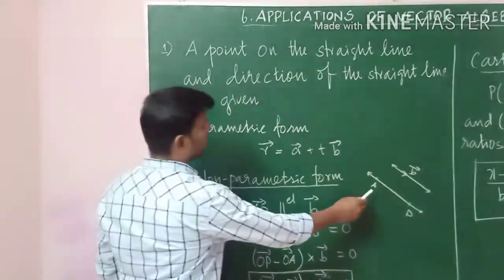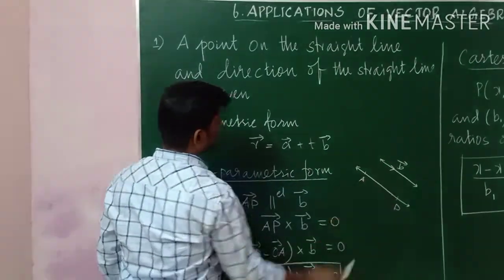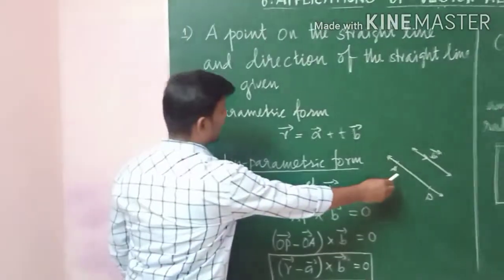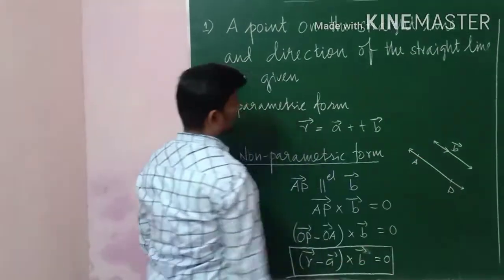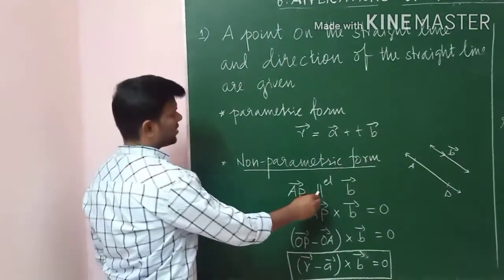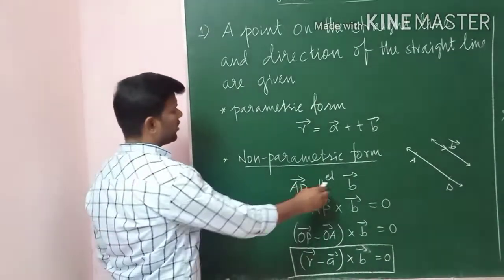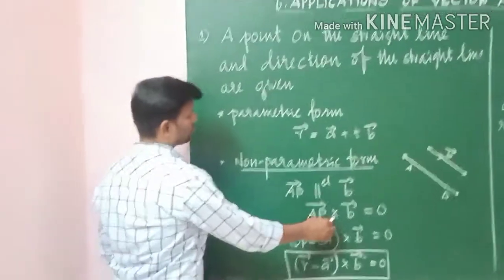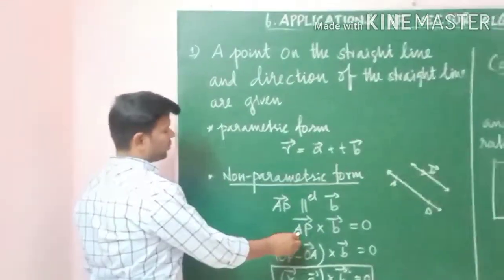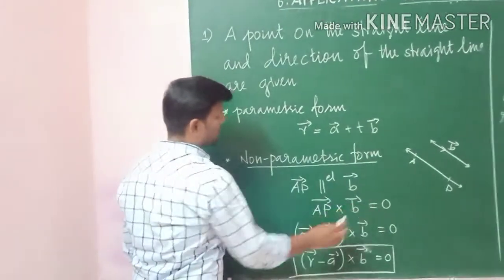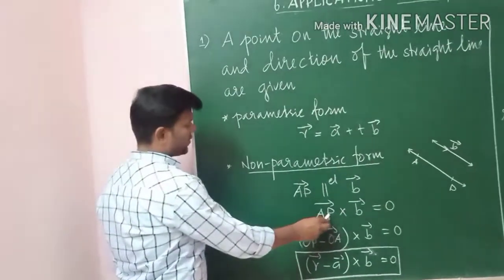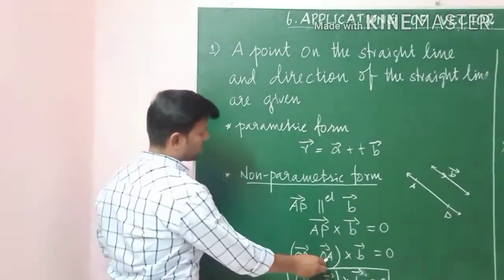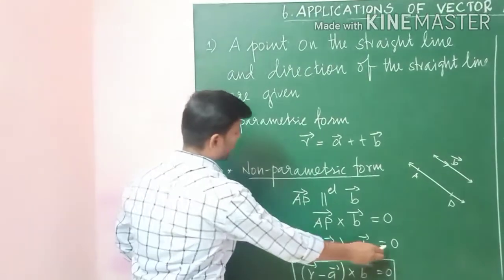So we have seen the line AP and B vector are parallel. So AP vector is parallel to B vector. We know that if two vectors are parallel, whose cross product is what? 0. So AP vector cross B vector is equal to 0. But what is AP vector? OP vector minus OA vector cross B vector is equal to 0.